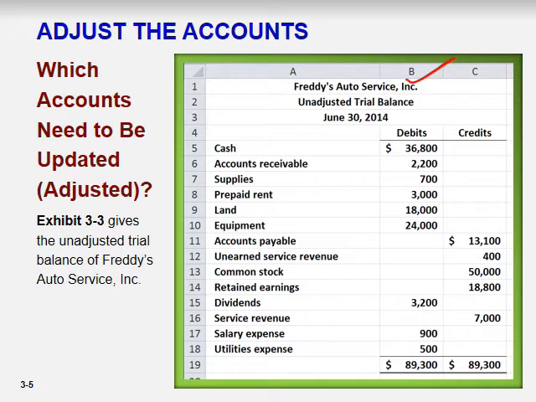In that case, here we have Freddy's Auto Service Incorporation, and we have here the unadjusted trial balance, right? So the stockholders and management, they need to know how well Freddy's Auto Service Incorporation is performing. So the financial statements report the information and all accounts must be up to date.